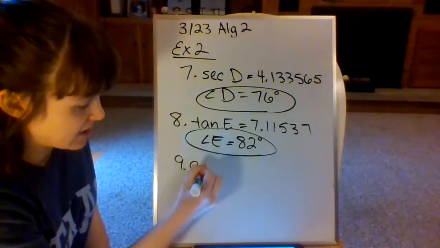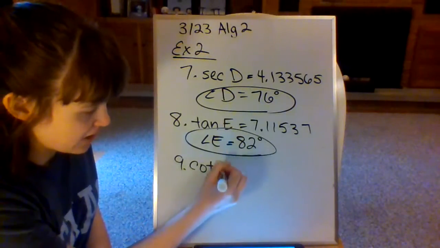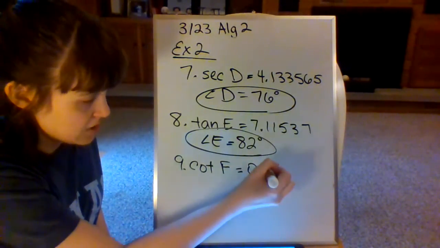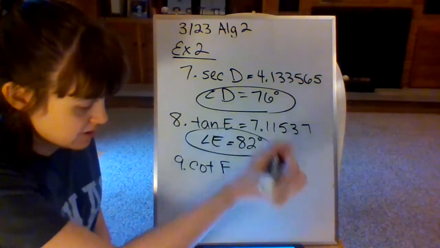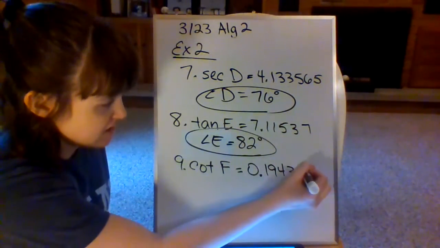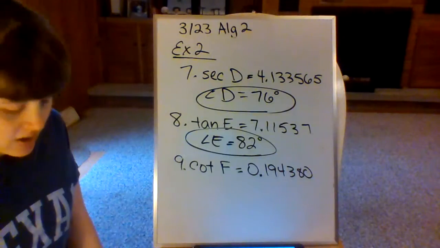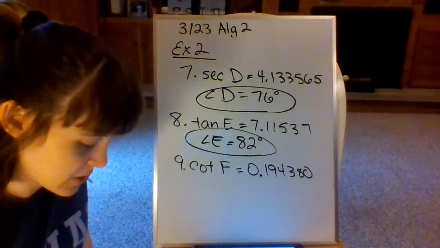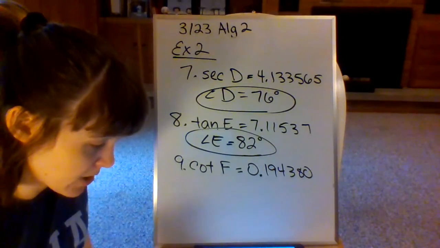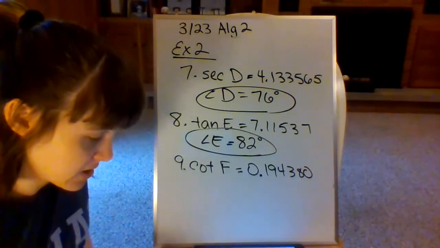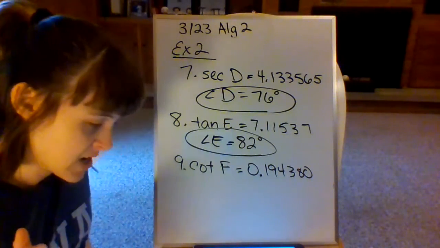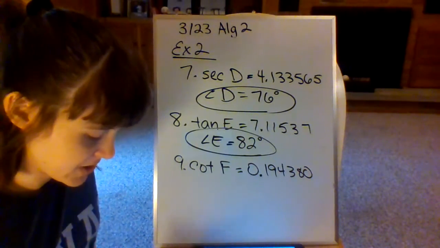Alright, lastly, number 9, cotangent angle F equals 0.194380. So we're going to put in that decimal, 0.194380, 1 over x, because it's the reciprocal of tangent, and then tangent inverse.